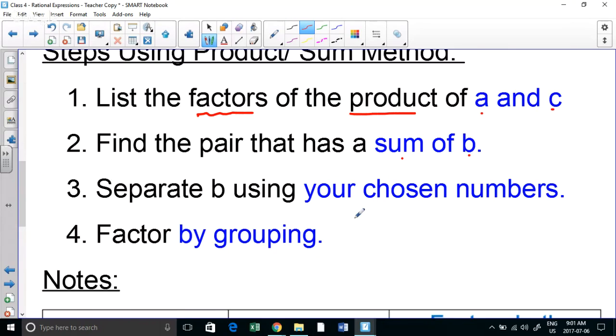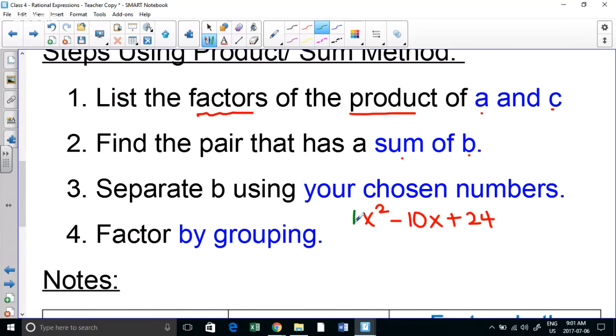So essentially, I have this for an example to do quickly. You're going to take the factors of the product of a and c.